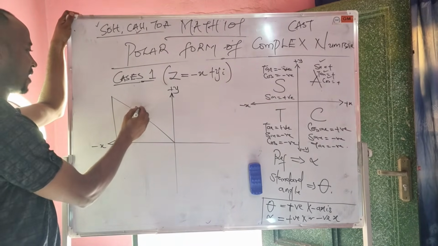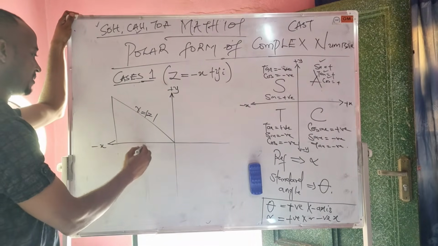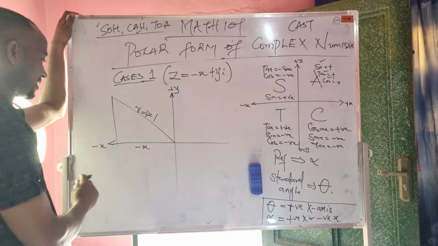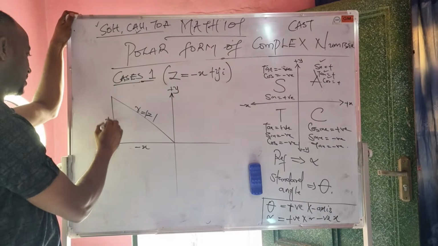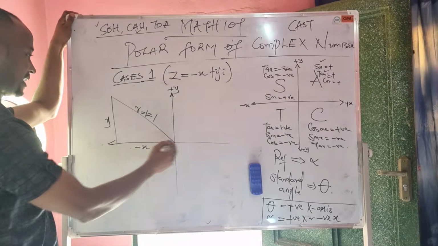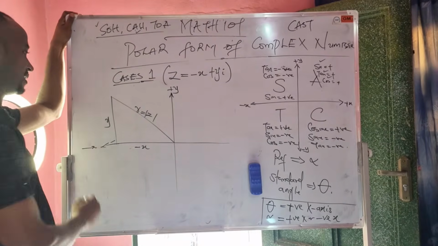Here remains our value of r, which is the modulus of z. Here remains our x, minus x. This here is our positive y. This is the y-axis, this is the x-axis. This is our negative x.